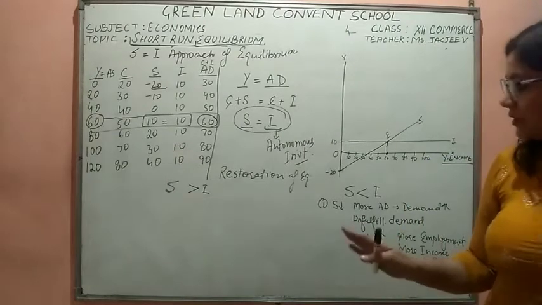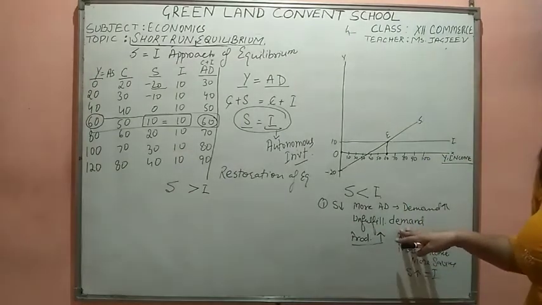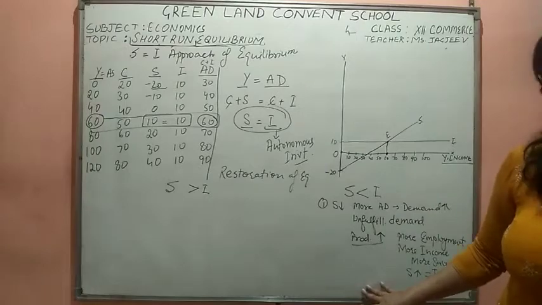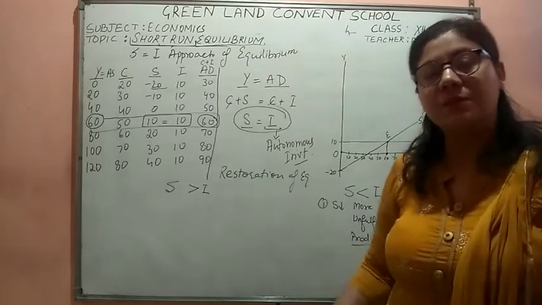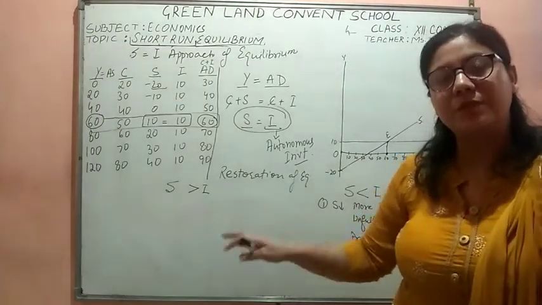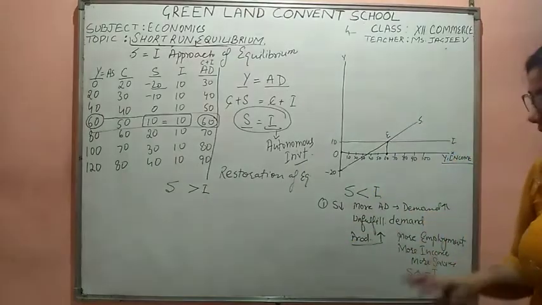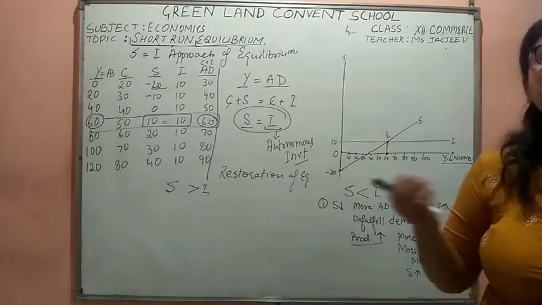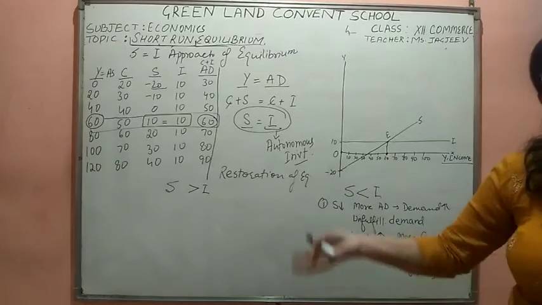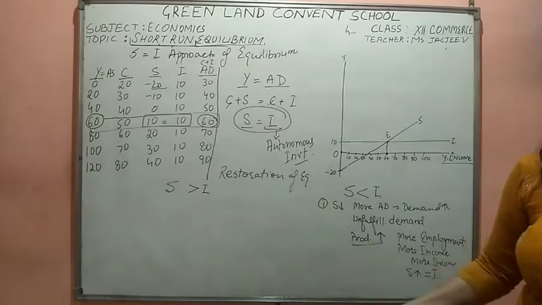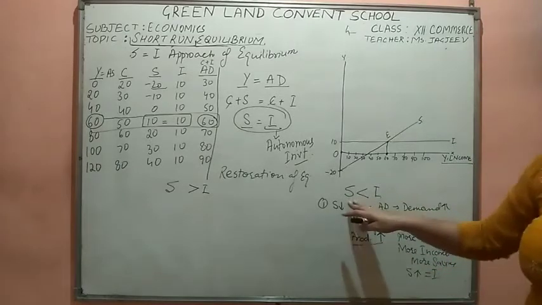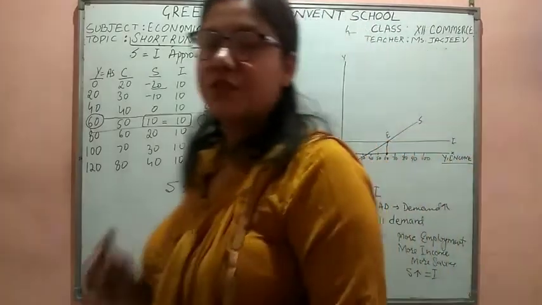So the producer will suffer the loss due to unfulfilled demand. What will happen then? The producers will produce more next year. When they produce more, they will give more employment, more output, more income. More income will lead to more savings, and this will become equal to investment.